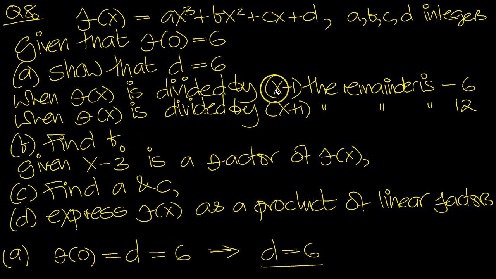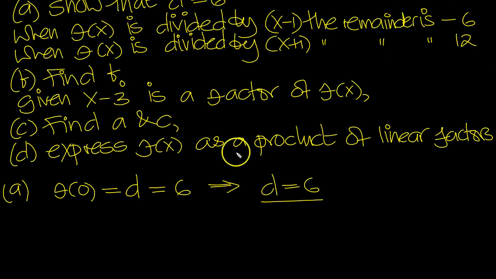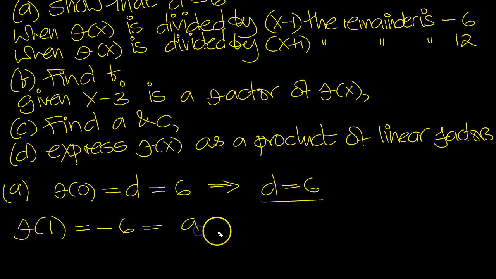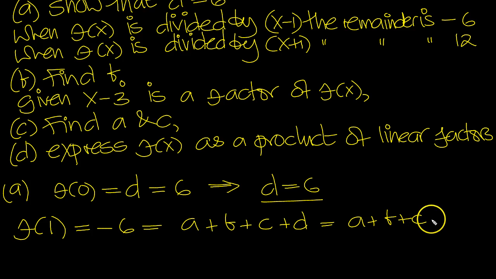Okay, when f of x is divided by x minus 1, so f of 1 is minus 6, isn't it? f of 1 here by the remainder theorem is equal to minus 6, which is equal to a times 1 cubed, plus b times 1 squared, plus c times 1, plus d, which is a plus b plus c plus 6.